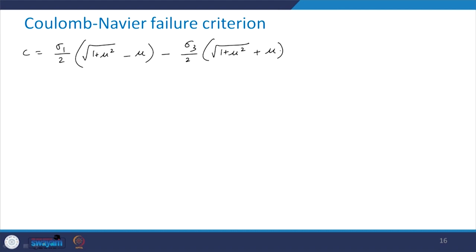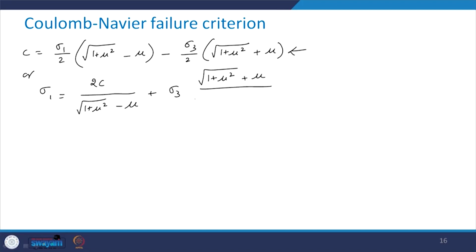There is no new mathematics here, we are only rearranging the terms on either side of the equality sign. Or we can write it as sigma 1 equal to 2c upon (square root of 1 plus mu square minus mu) plus sigma 3 into (square root of 1 plus mu square plus mu) divided by (square root of 1 plus mu square minus mu). So we can write different versions of these equations.